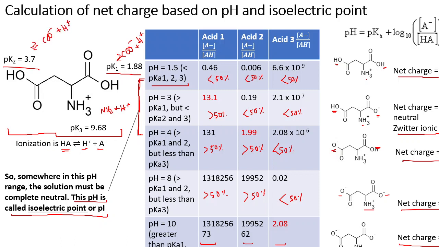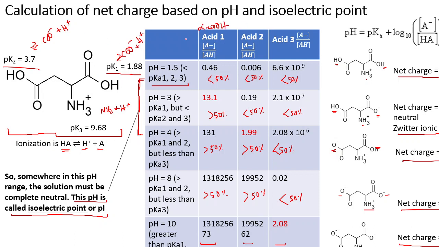So when these groups ionize depends on the pH of the solution, and that is defined with the Henderson equation. Then we calculated the ionization ratio. This is acid 1, that is the alpha COOH, which is this.